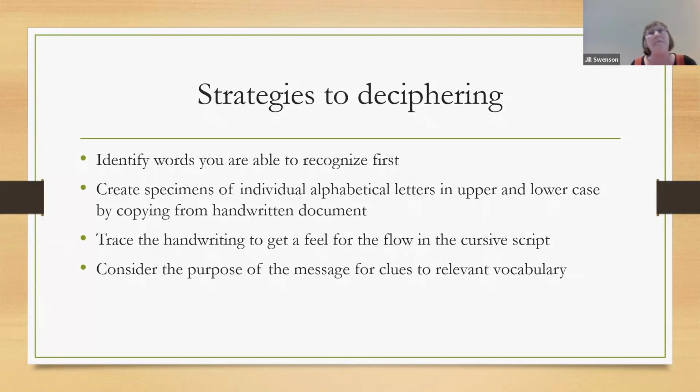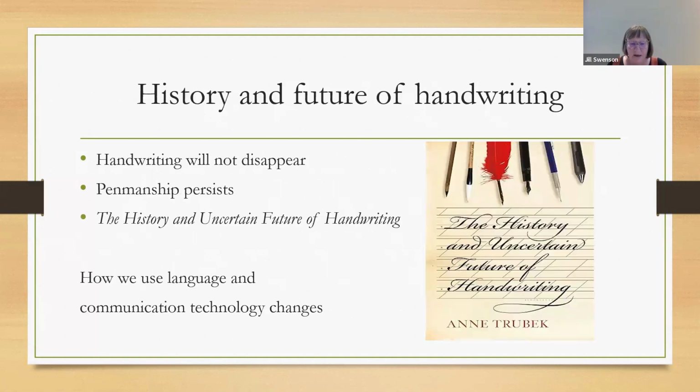If it's a letter to their mother, there's going to be a very different kind of vocabulary used than if it is a legal deed. So the language may be associated with the purpose of the letter, and you may be able to make some good guesses, if not with certainty. At least you'll get a sense of what's happening here.